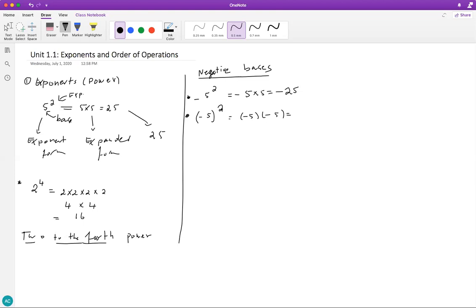I repeated it twice because of the power 2. Now, if you multiply this, what do you get? It would be positive 25. Exactly. As you can see, it's totally different from the first one, which was negative, because that negative was independent of the base. You just bring it over and evaluate the expression. So that's an important thing when we deal with powers. We look out for parentheses.